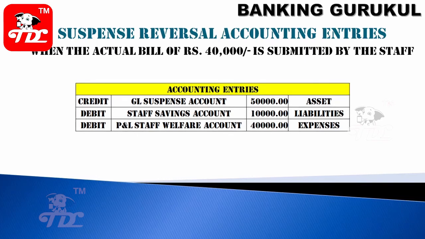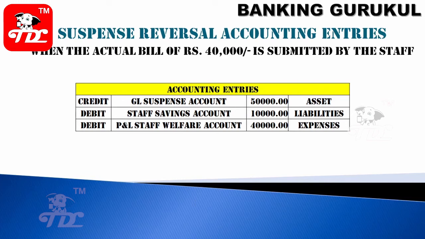In case you receive less: you debited the suspense account and gave 50,000 to the staff member, but the final bill was sanctioned for 40,000. Now 40,000 will be debited to expenses, 10,000 will be taken from the staff account and 50,000 will be credited to the suspense account.